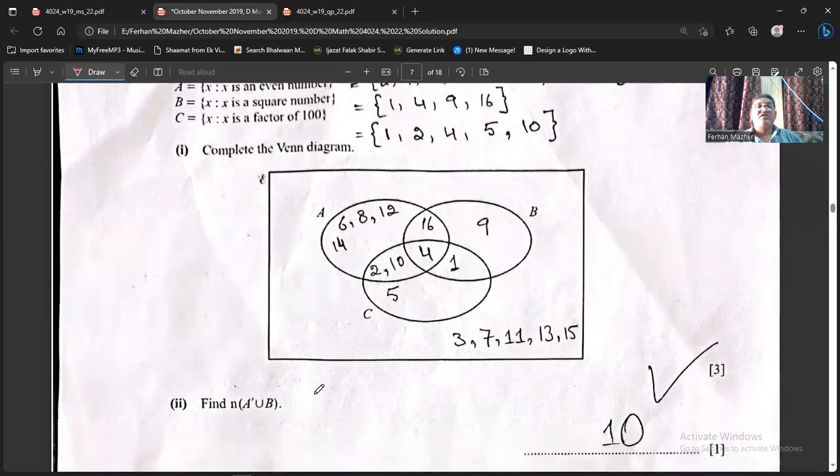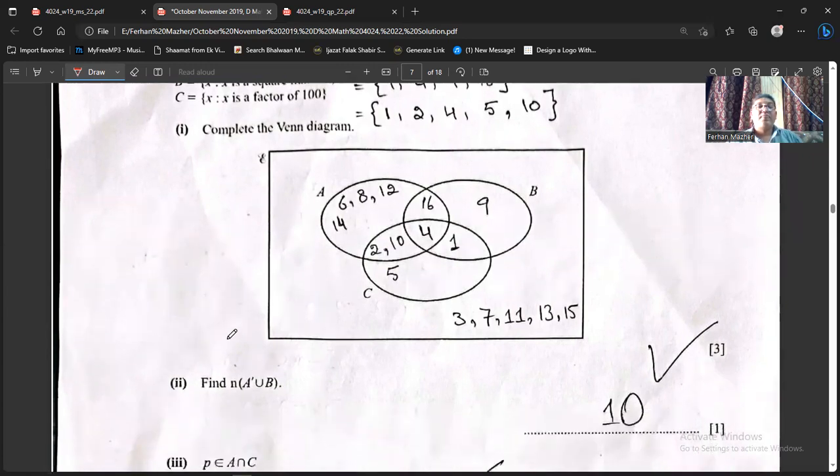So the second part of the first question: find the number of members in A complement union B. So you have to remain outside A, but inside B. Outside A means the whole thing, and it's a union with B, so the whole of B. Outside A, how many members are there? 1, 2, 3, 4, 5, 6, 7, 8.